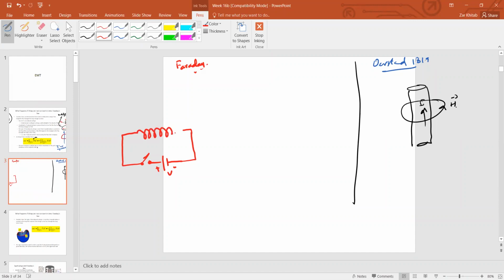And you know that when we have this sort of coil, the magnetic field will be like this, through the solenoid.